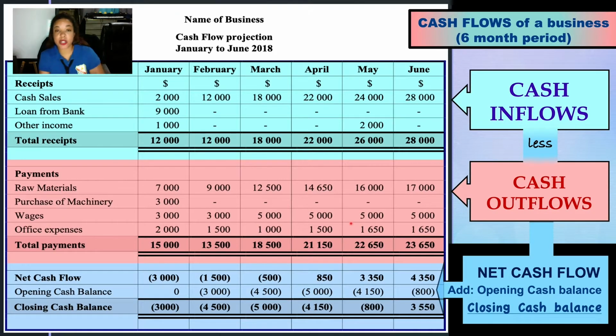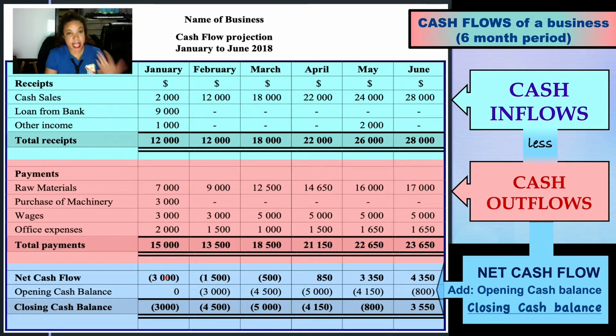So something that we're going to do in the example, we're going to emphasize, let me start right now. Your opening cash balance, what you see here in January, there was no opening cash balance. So probably for this business, they just started or something like that, okay? So there's no opening cash balance.